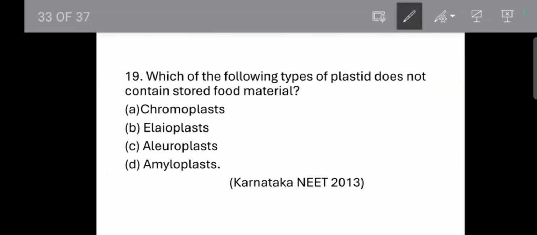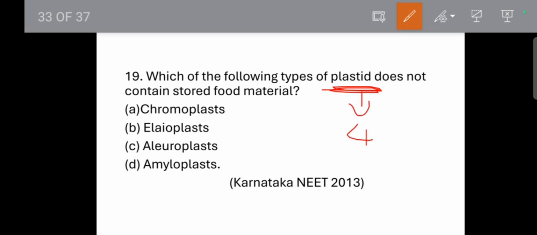Now we see the 19th one. Which of the following types of plastid doesn't contain stored food material? So which one doesn't have food stored in it? How many plastid types are there?